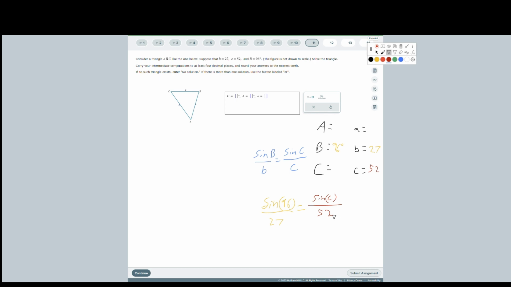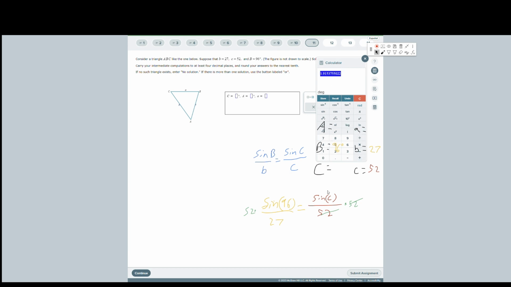So we're going to multiply both sides by 52, crossing those out, and that gives me 52 times the sine of 96, which is 51.75. Divide that by 27.